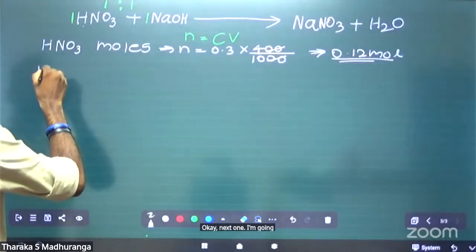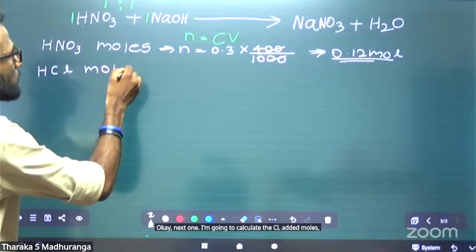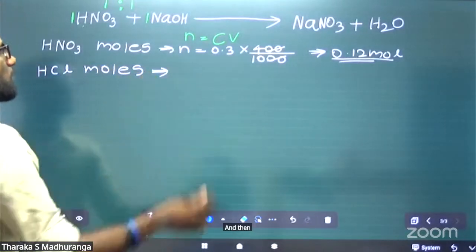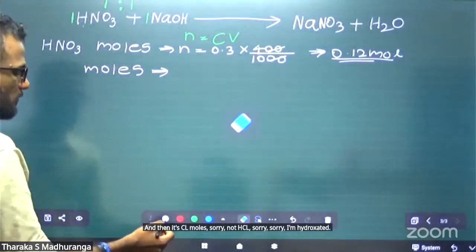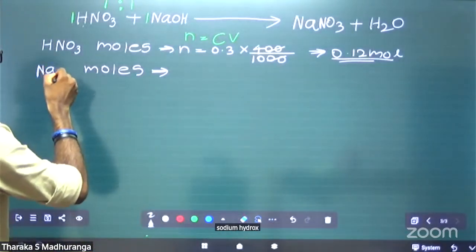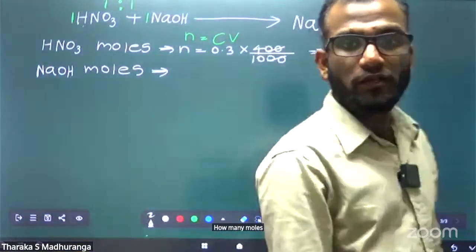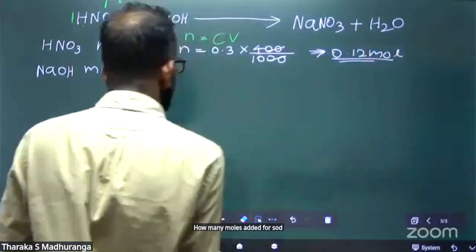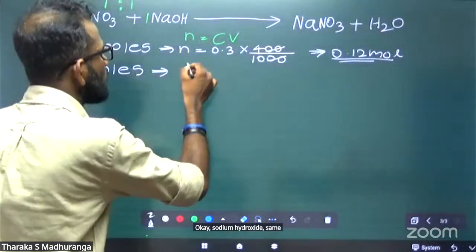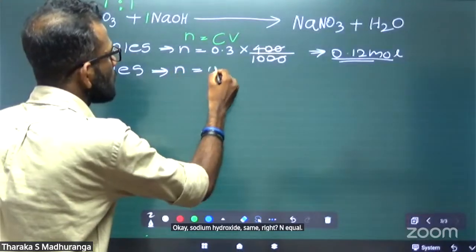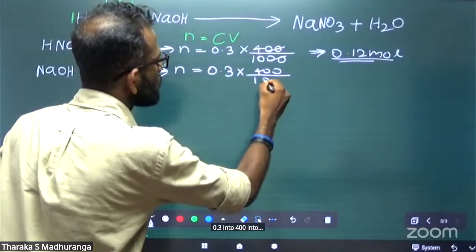I am going to calculate the added moles of sodium hydroxide. Sorry, not HCl, sodium hydroxide. How many moles were added for sodium hydroxide? Same: n equals 0.3 times 400 over 1000.